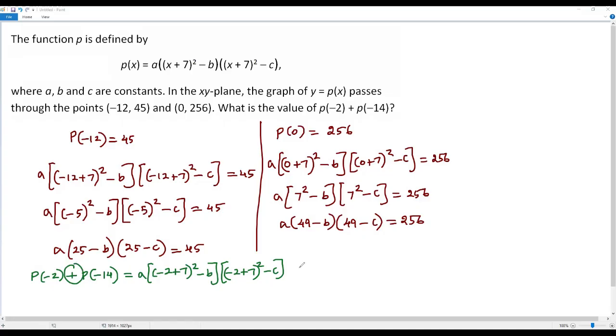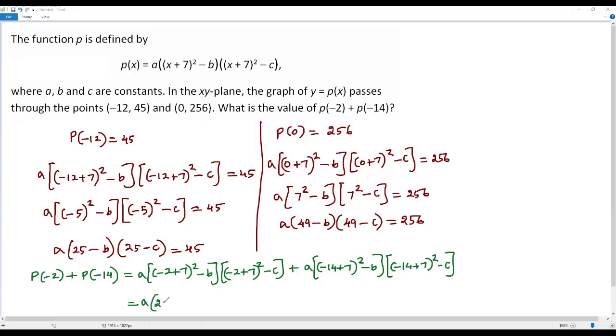Now we can take this positive sign as it is. To get p of -14, the same thing, we have to plug in this -14 for x over here and here into the given function. Then we get a times (-14 + 7) squared minus b times (-14 + 7) squared minus c. Okay, here a times, when I combine -2 and positive 7, I am getting 5. That is, we have 5 squared over here.